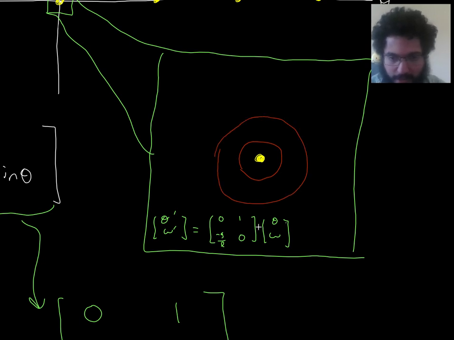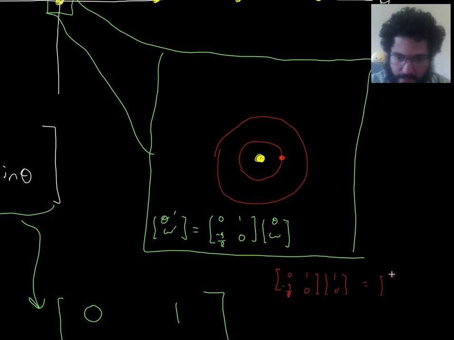Let me figure out what direction they go in. If I plug in a point here, so theta being 1 and omega being 0, then what comes out is 0 and then something negative, so 0 horizontal component, and then it points down, negative vertical component, so like that.